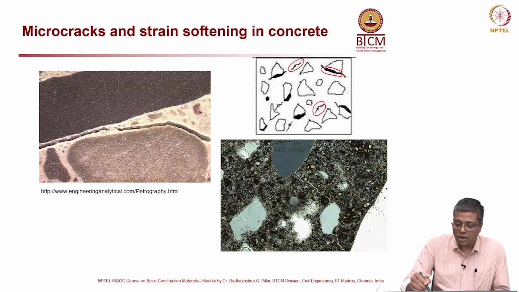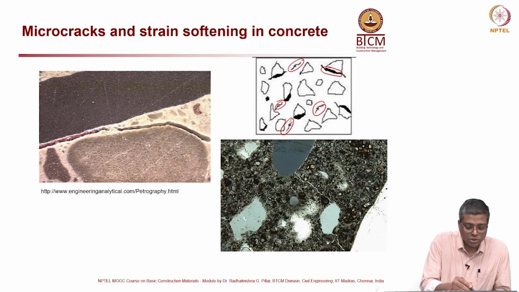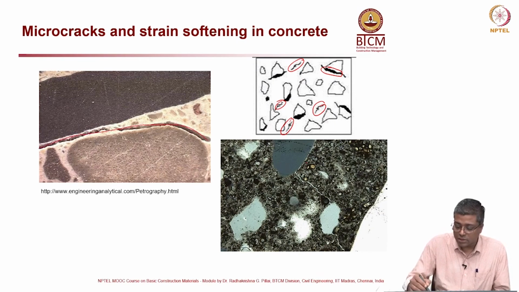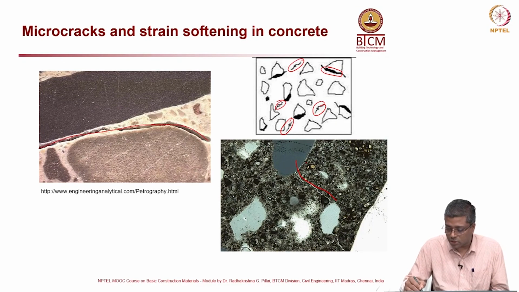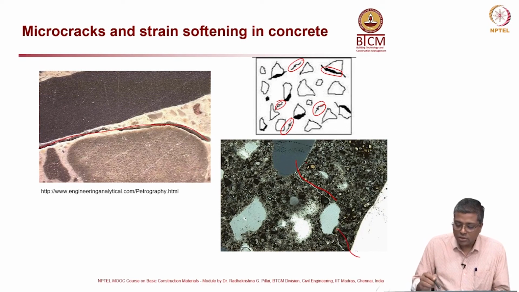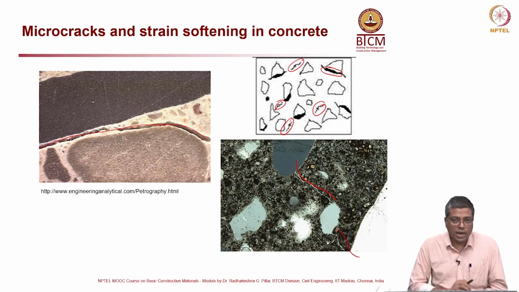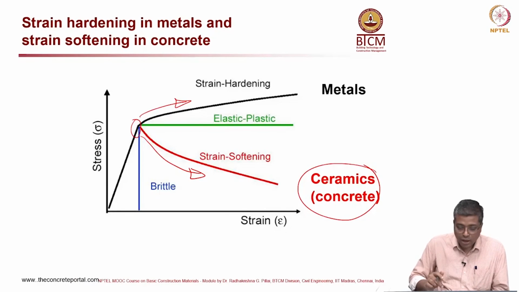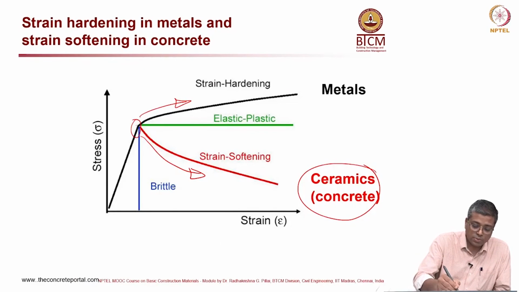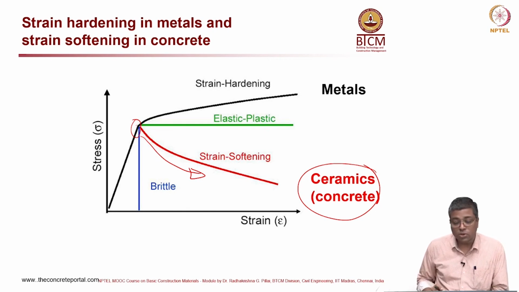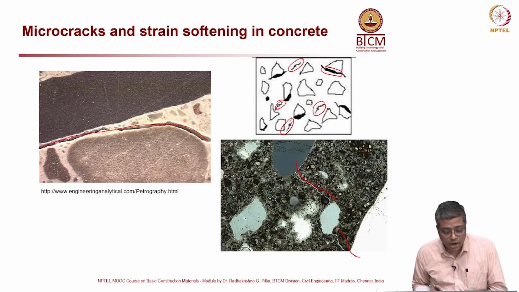All these are cracks or micro cracks in the concrete system, and you can see micrographs showing these kinds of cracks. There is a crack on the bottom right picture also. Because of these micro cracks, strain softening happens and not strain hardening.